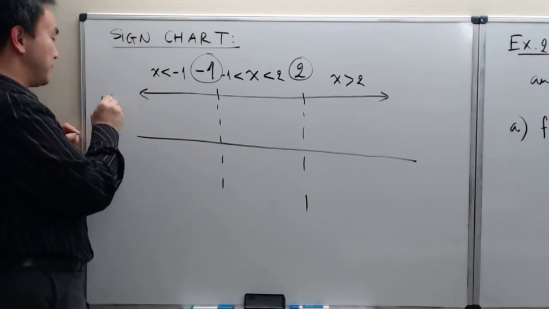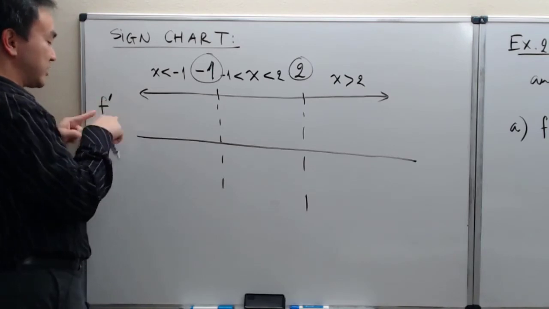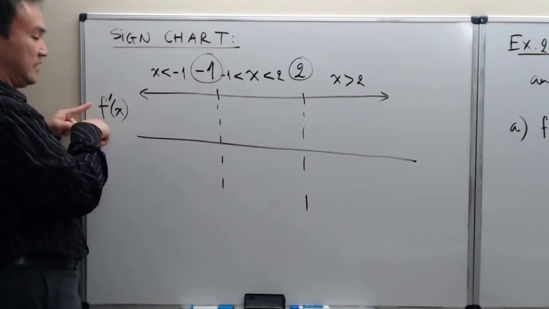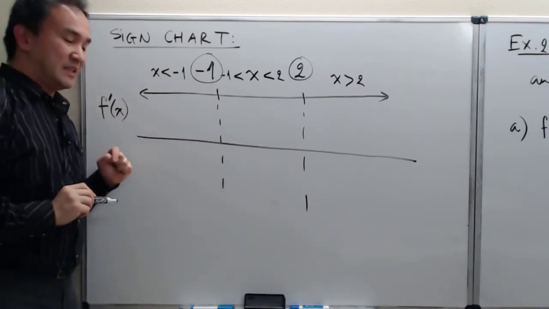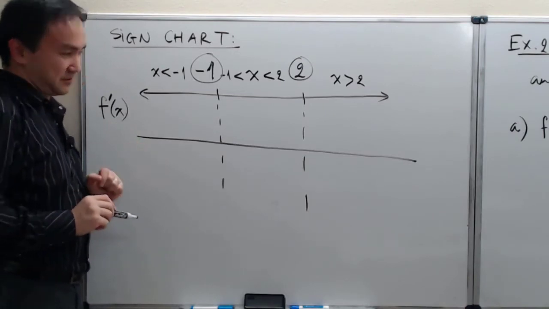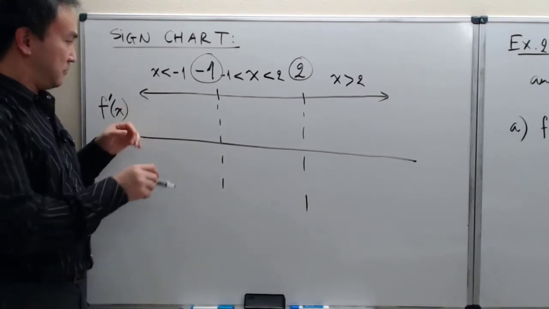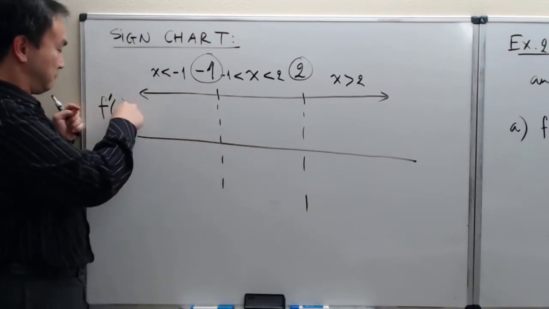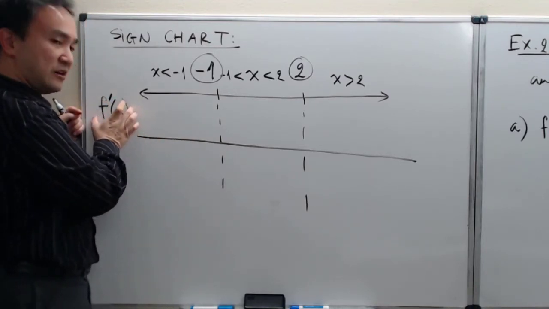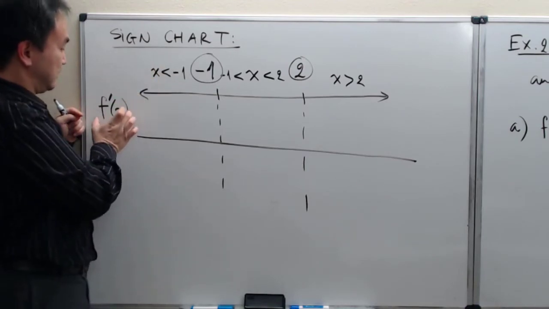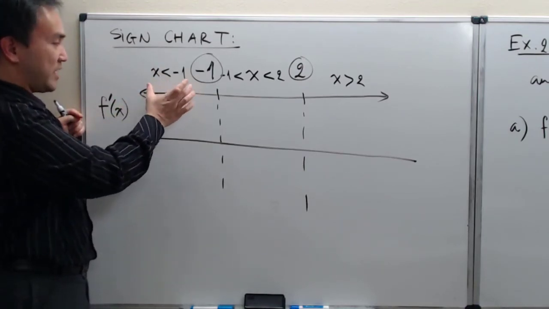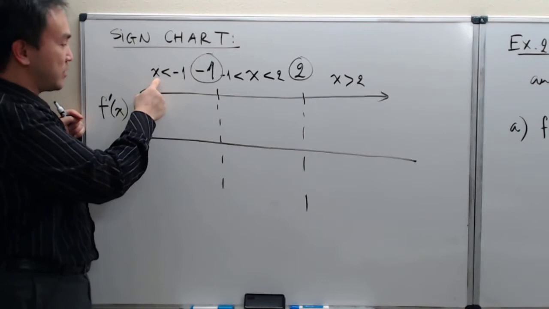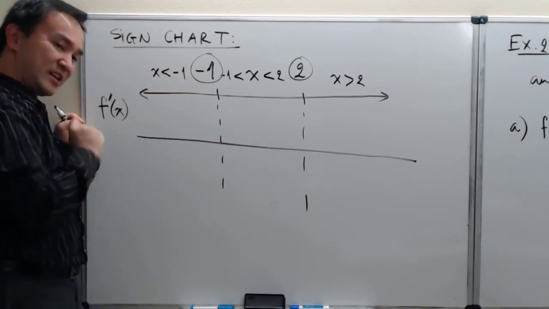I am going to investigate or check the sign of my f prime of x. Meaning, the plan here is: what is the sign of our f prime of x, our derivative of f of x, when x is in this interval anywhere less than -1? And that's what the plan is.